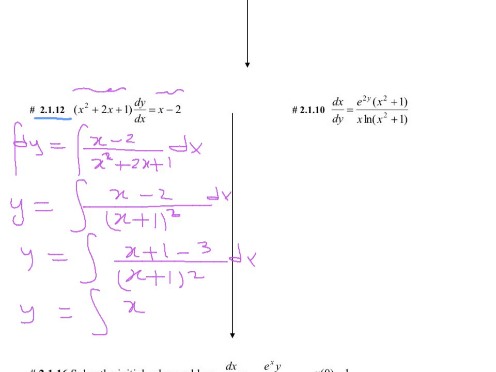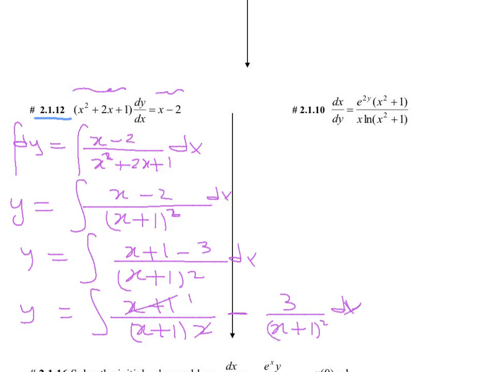This can be written as x plus 1 minus 3 divided by x plus 1 squared dx.